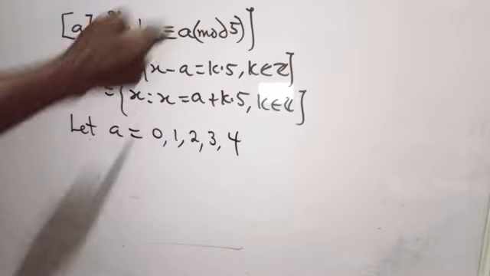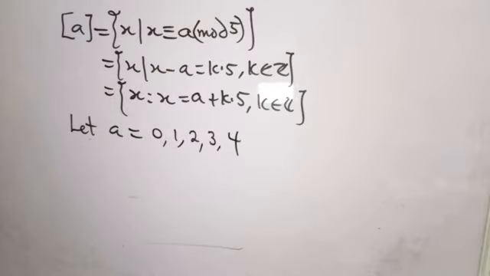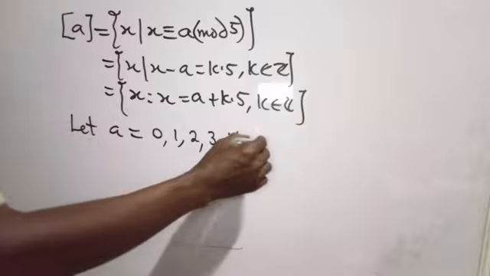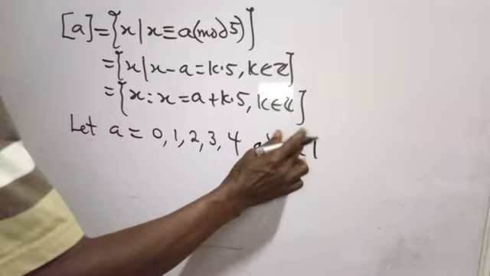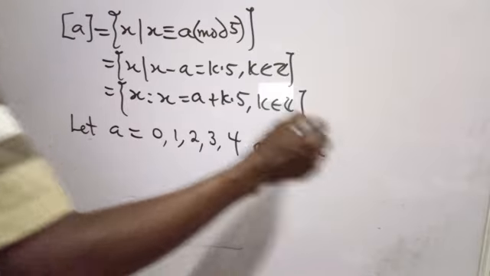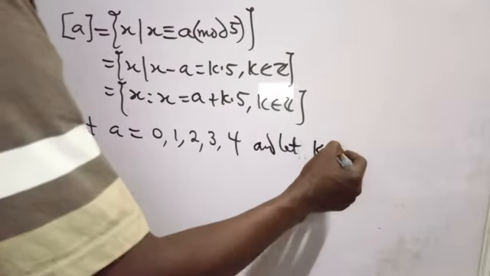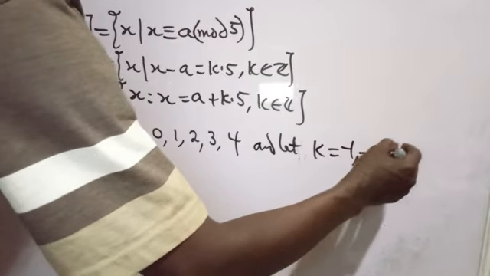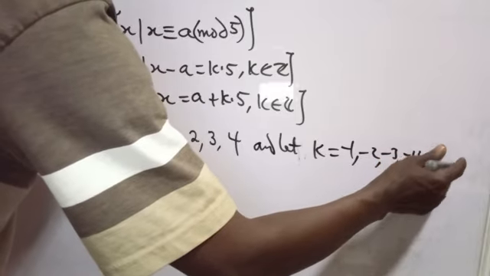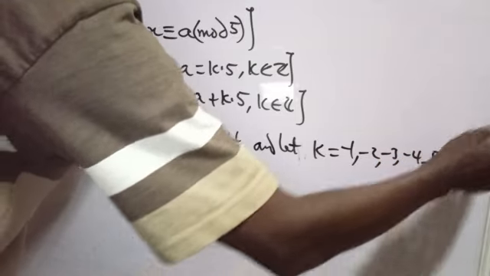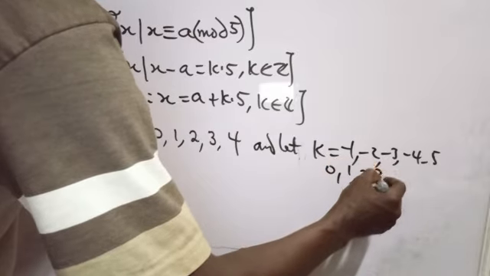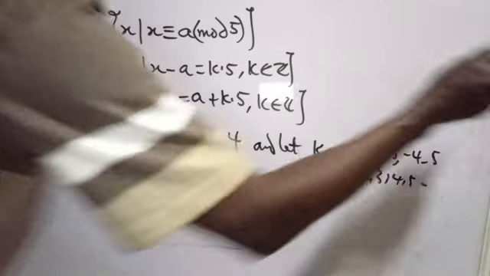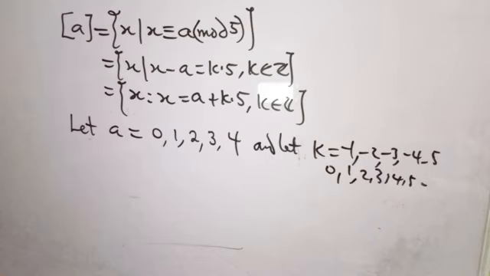We will not include 5 because the modulus is 5, so it stops at 4. And K, since it's an integer, could be 0, minus 1, minus 2, minus 3, minus 4, and so on, and also 1, 2, 3, 4, and so on. K can be varied, but our A will be between 0 and 4.